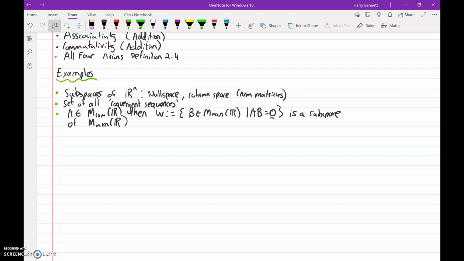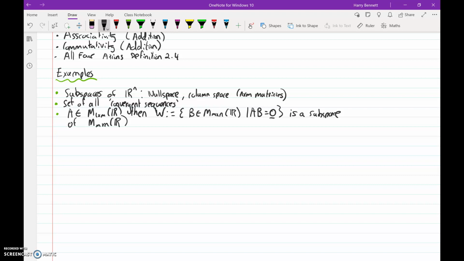And thirdly, we have the special example, where if we have A, which is a matrix with real entries, of size L by M, then the set W, which is the set of all matrices B of order n by n with real entries, such that A times B is equal to the identity matrix, is a subspace.